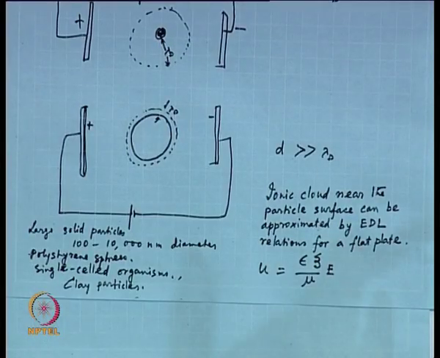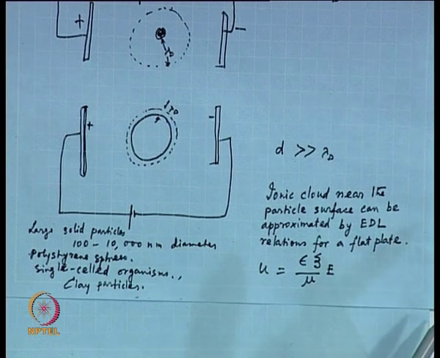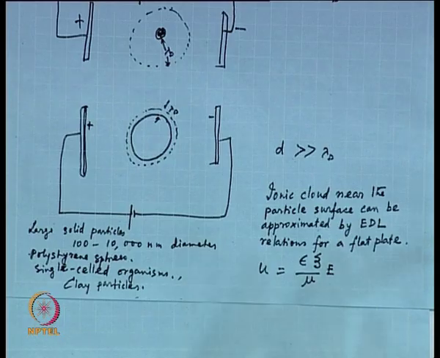You remember with this we have that 1 minus cosh of something divided by cosh of h by 2 lambda d. So, that expression was there, and we said that for a major part of the channel this is the velocity that is prevailing. That time we referred to this as UEO, the electroosmotic velocity.